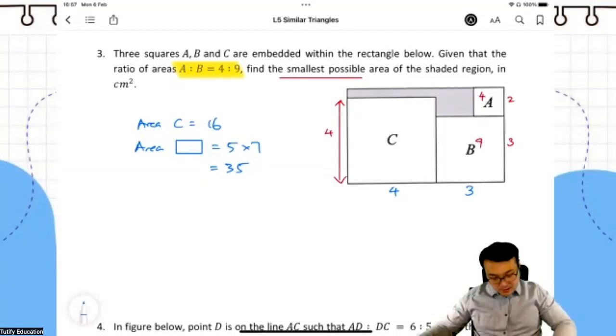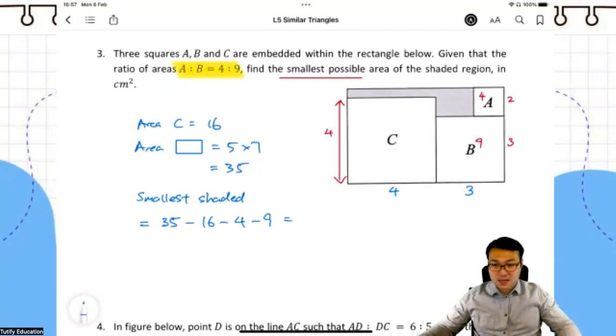So therefore, what's the smallest possible area of the shaded region? 35 minus 16 minus 9. And what is the answer? 10. Yes, you got it, Talia.